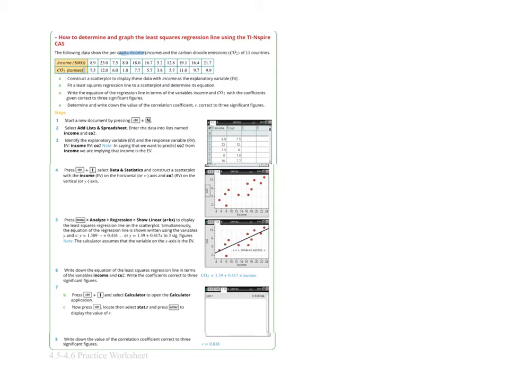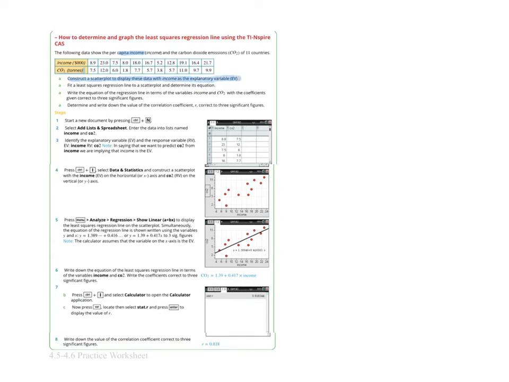This one's a bit hard, you might not have any idea what the EV or the RV is, and that's a fair call, that's fine. When you see one of those, you'll probably get told. Did you see here, they say construct a scatter plot, and income is the explanatory variable.